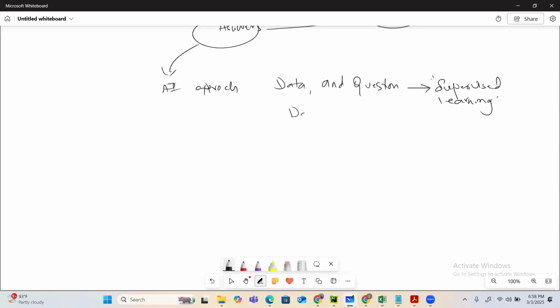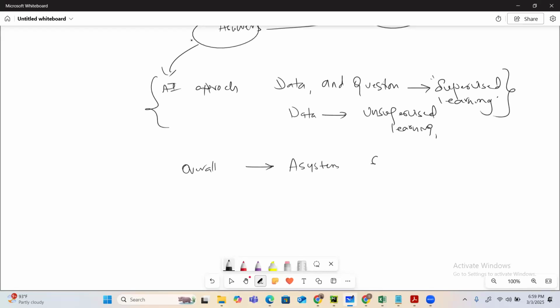So overall, a system is said to be intelligent when it learns the patterns.